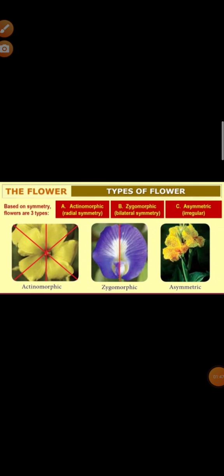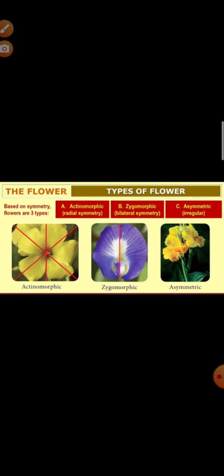When can we say that the flower is actinomorphic? A flower is regular or actinomorphic when it can be cut into two identical halves along any of the radii passing through the center. That is, the flower we can say is radially symmetrical.